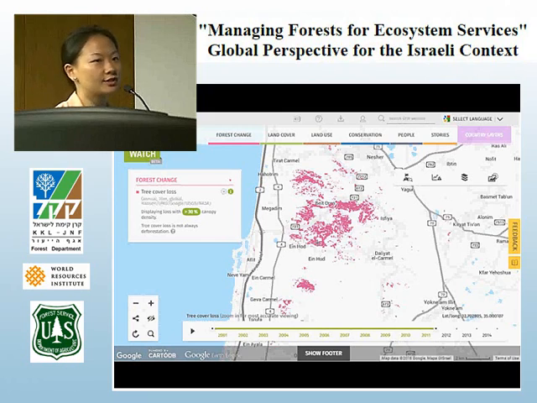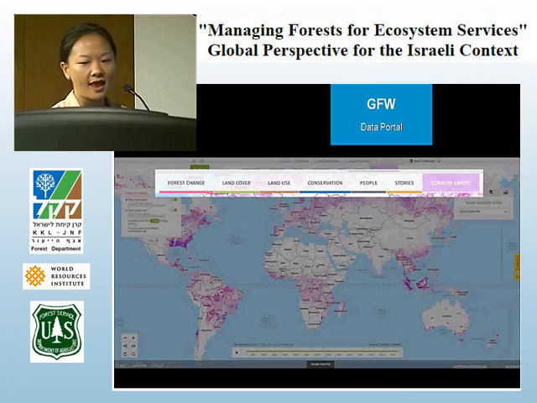And with Global Forest Watch, it's easy for anyone without any expertise in GIS or remote sensing to understand the extent and the cause of the change.